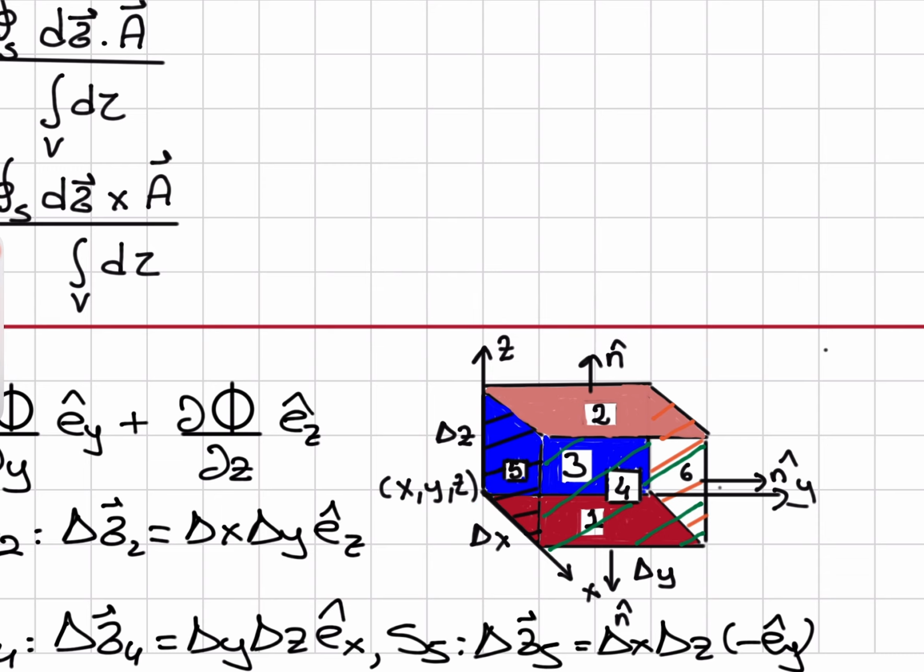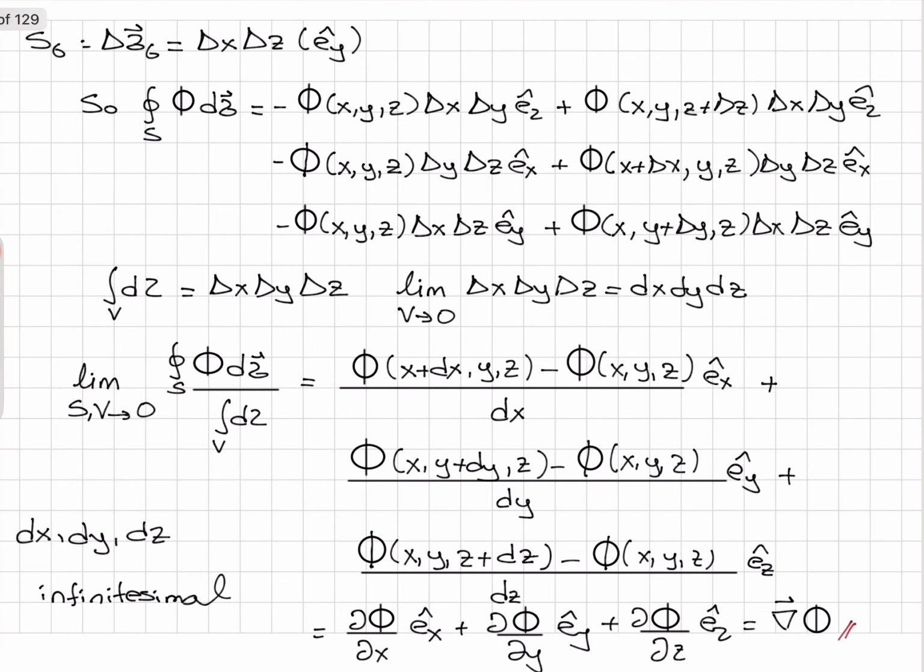For the blue surface, which is the one at the back, it's evaluated at x, y, z. For the front surface, it is evaluated at x plus delta x. For the fifth surface, it's x, y, z. Sixth surface, we are at y plus delta y. So I've carefully taken that into account.